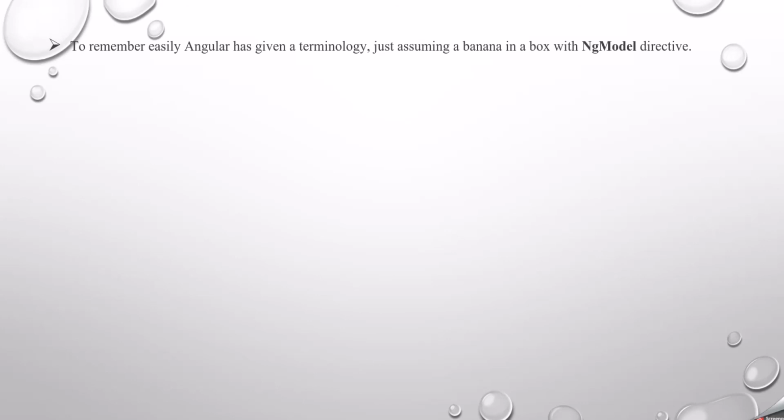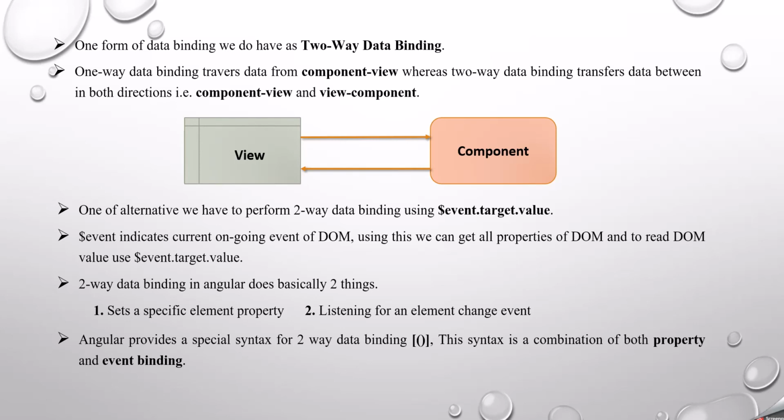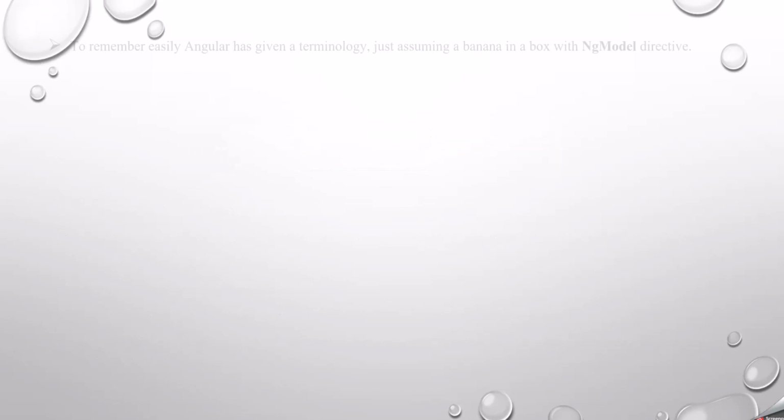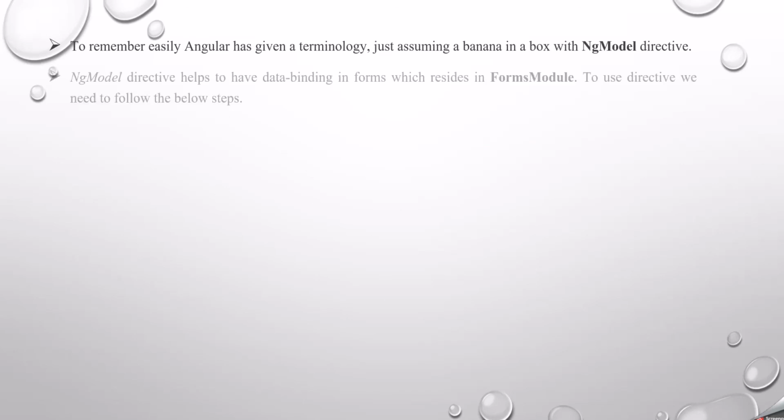To remember it easily, Angular has given a terminology: just assume a banana in a box with the NGModel directive. The parentheses are the banana, and the banana is packed within a box. That is a nice terminology given by Angular, by the way.